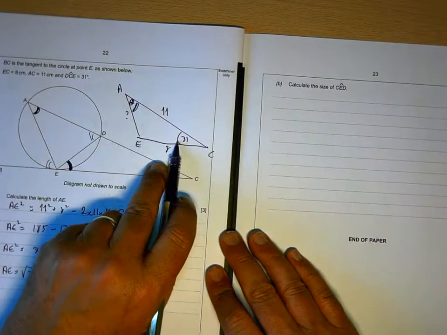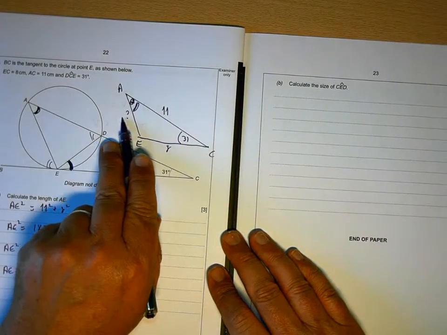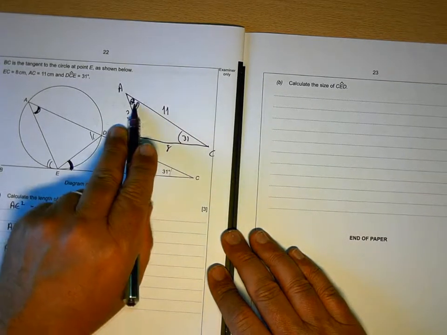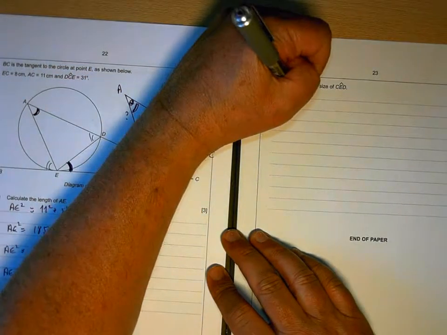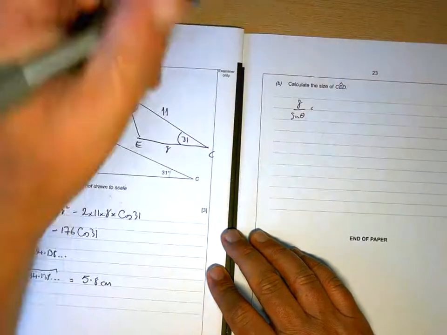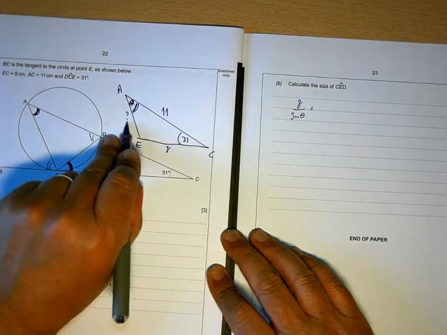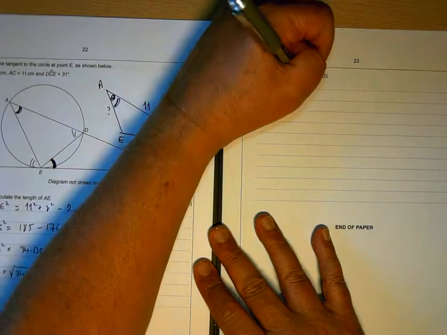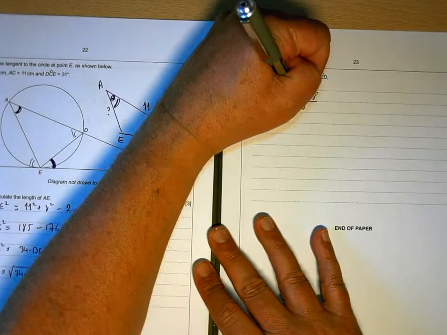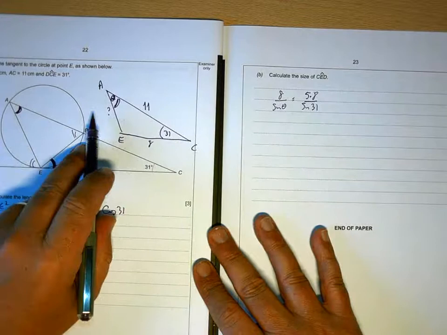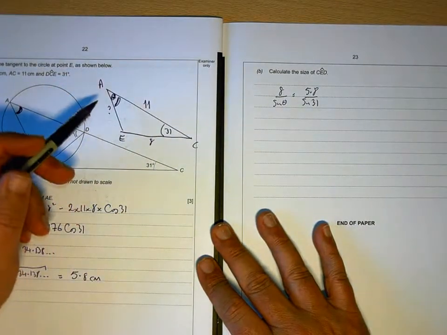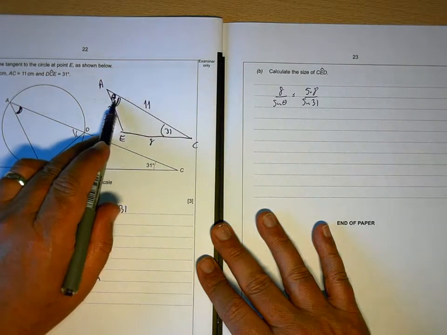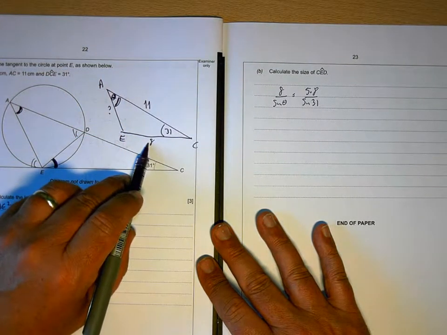So using the sine rule, 8 over sine theta is that one over sine 31, and I know that that one is 5.8. So the sine rule again, you need to practice. If you haven't practiced it, that would make no sense to you whatsoever, but it links the sine of the angle with the length of the opposite side.